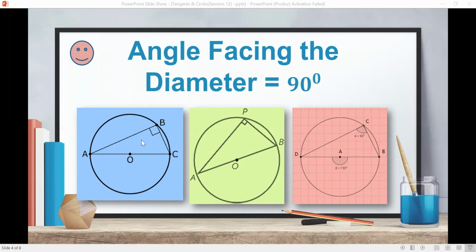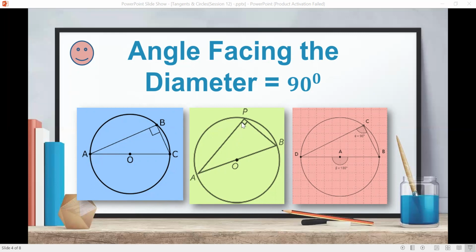We say angle ABC equals 90 degrees because it is an inscribed angle facing the diameter. Angle A is inscribed, but it's not 90 because BC is not a diameter. Also C is inscribed, AB is not a diameter, so C is not 90. But B is 90 degrees since it is an inscribed angle facing the diameter AC.